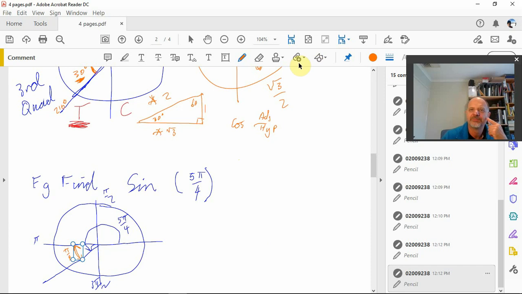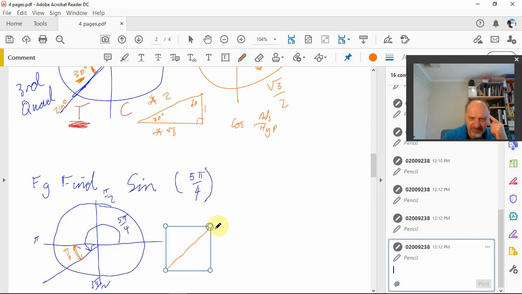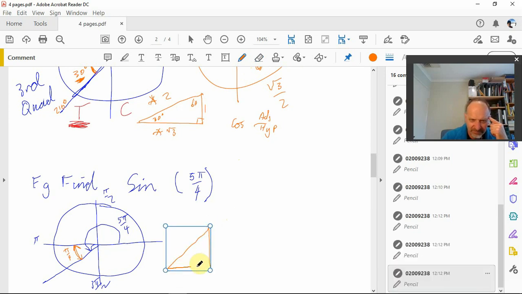So the triangle that I use, let's go back here, the triangle that you can use for 45, or pi on 4, is this one here, and that's 2, root 2, root 2.